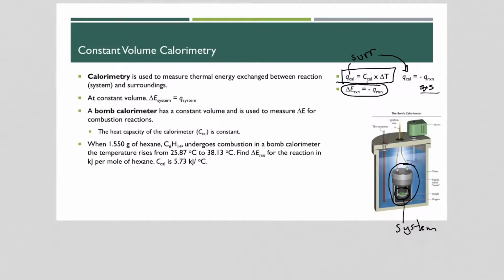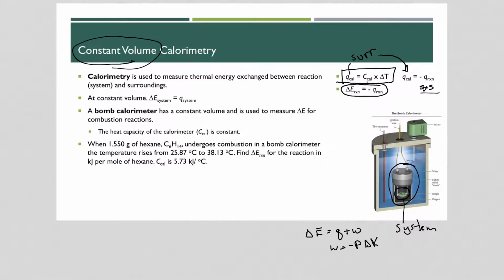Now, why is that? Well, I'll remind you here that I said earlier that the energy equals Q plus W. But we just said that W equals negative P delta V. Now, this is constant volume, right?